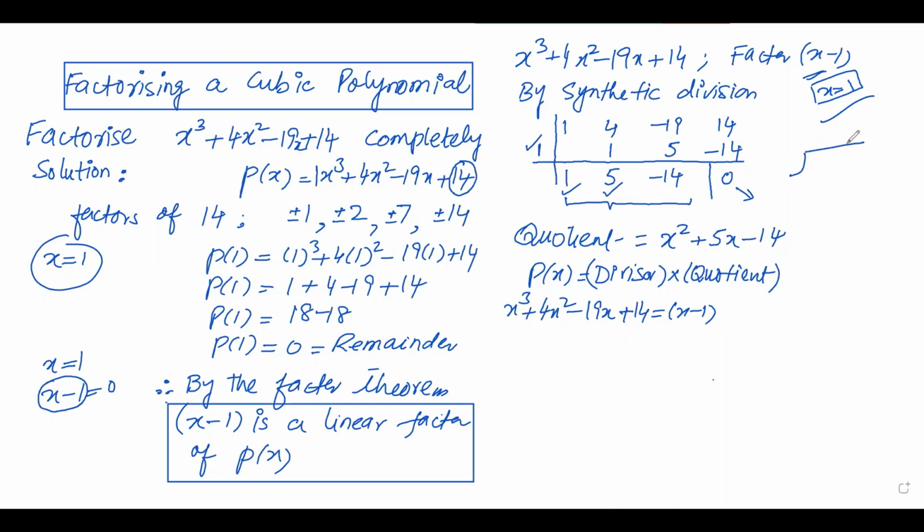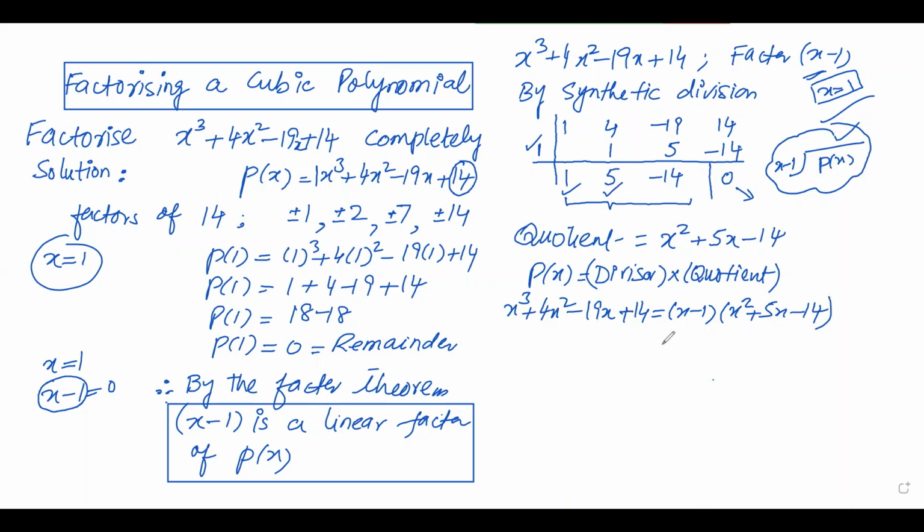Actually, in the long division, we write x minus 1 outside, and here I write P(x). So we have the divisor x minus 1, and the quotient, which you can represent by using the synthetic division or the long division, is x squared plus 5x minus 14.